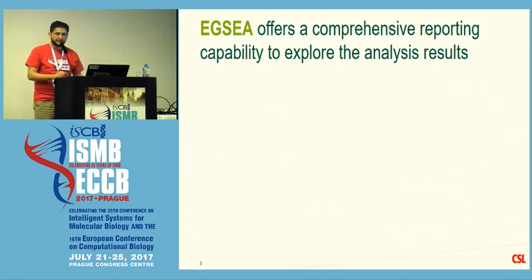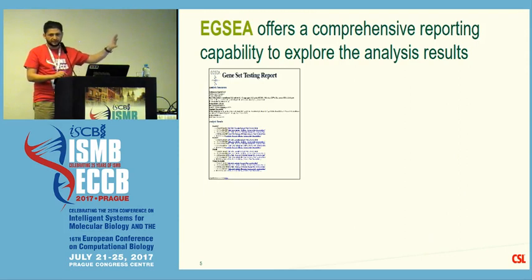The advantage of ECCB over other gene set testing methods is that it offers comprehensive reporting capability. When you run ECCB, you usually end up with an HTML report. If you are running multiple experimental conditions, each condition is shown in one group, and if you use multiple gene set collections, like MSigDB or GeneSetDB, you will be able to see them in this report.